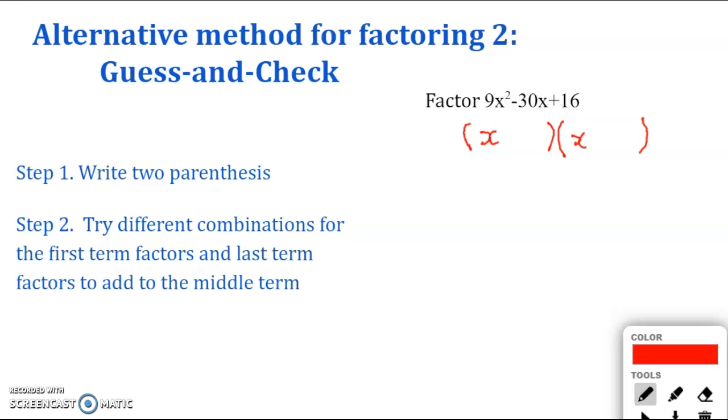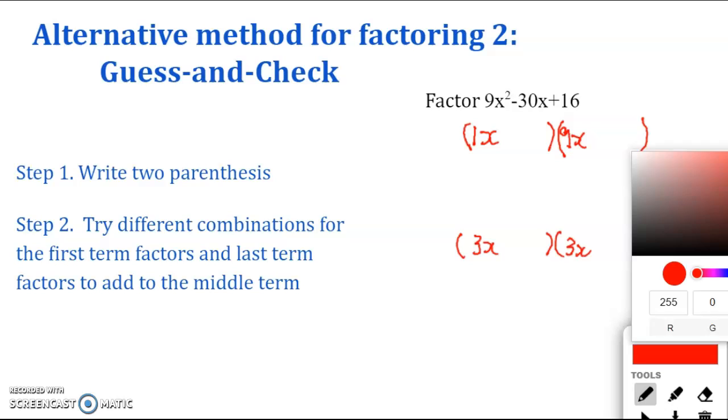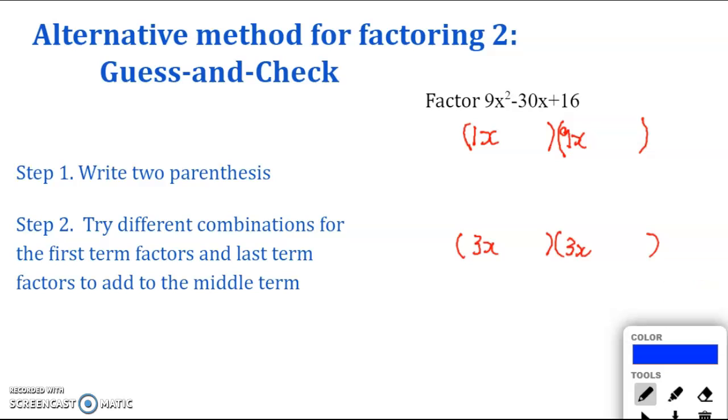So to get 9x squared, the only way you can get 9x squared as the first term is if the factors are 1x times 9x here. But another combination is if it was 3x and 3x. Just for 9, there are different combinations. Now we need to look at the last term.